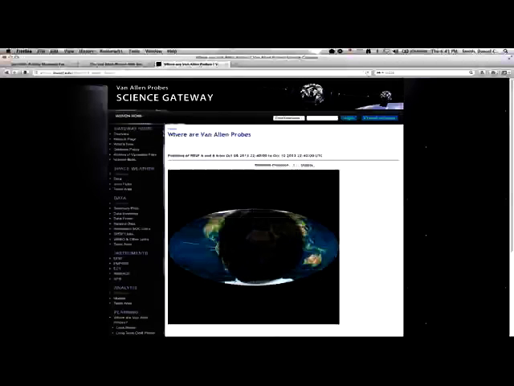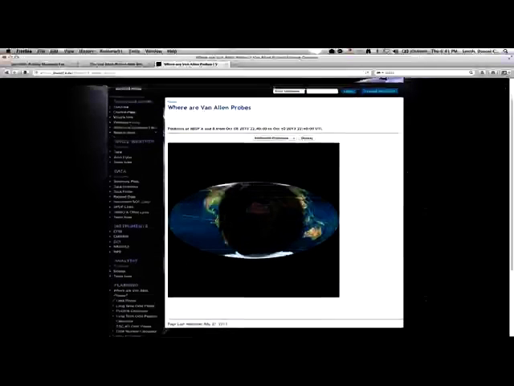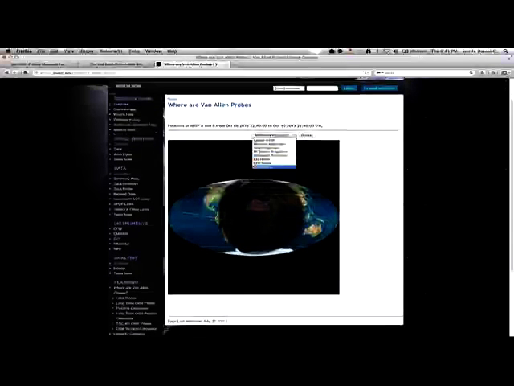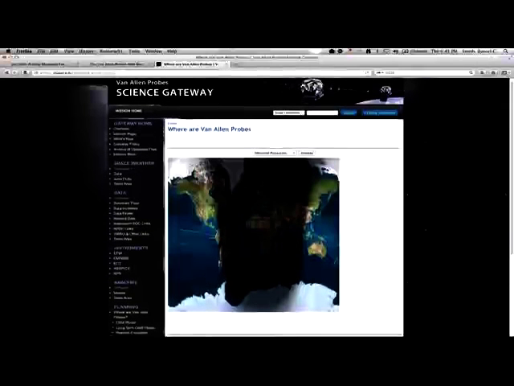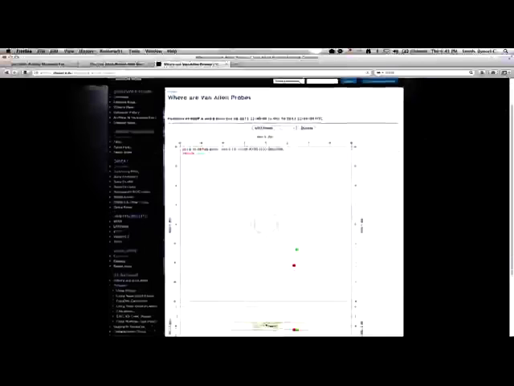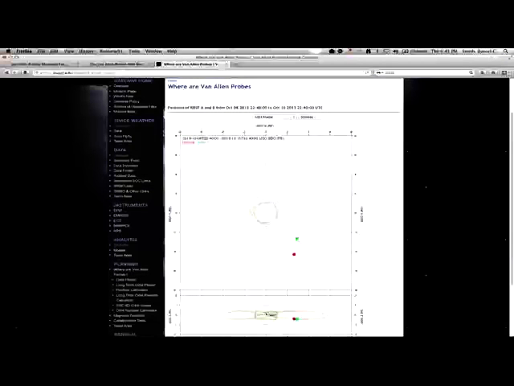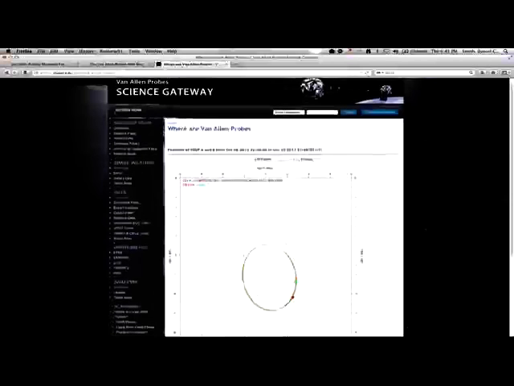Like right now, it looks like they're right over South America, and you can choose different projections. You can see there's a different Mercator projection, and you can also take a look at orbit plots in different reference frames. This one makes a little more sense here.